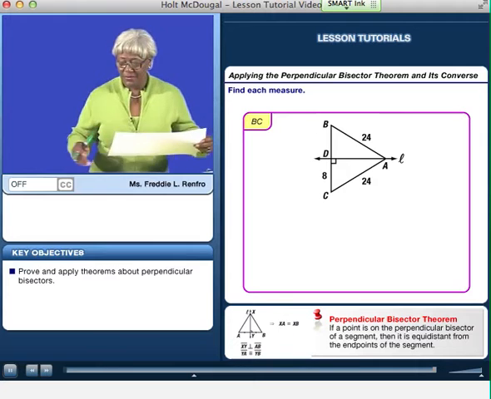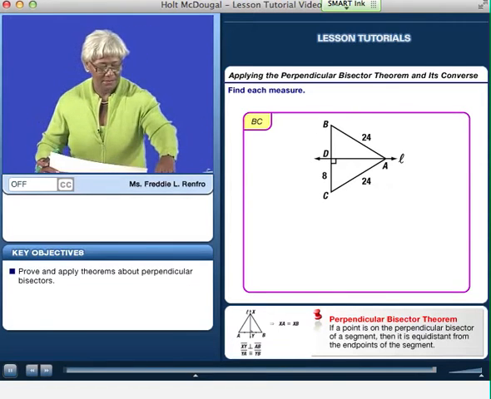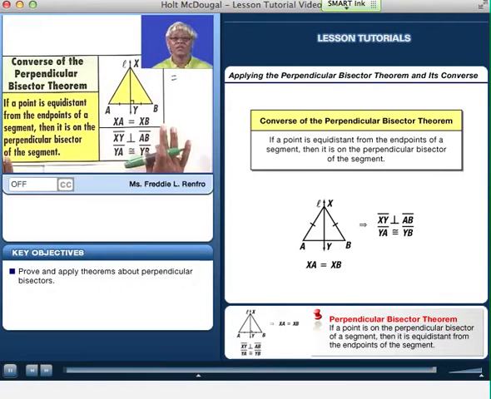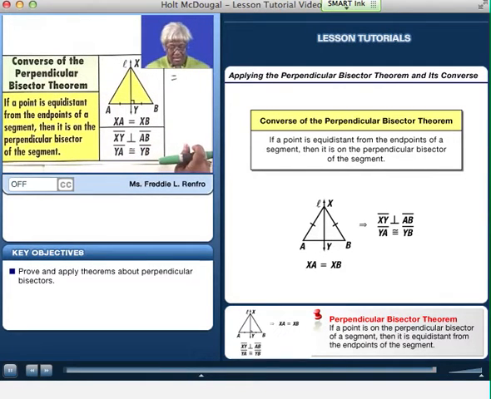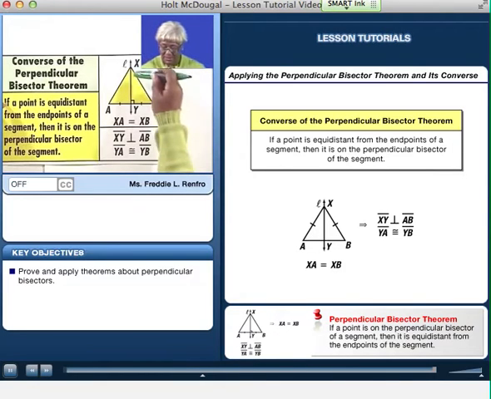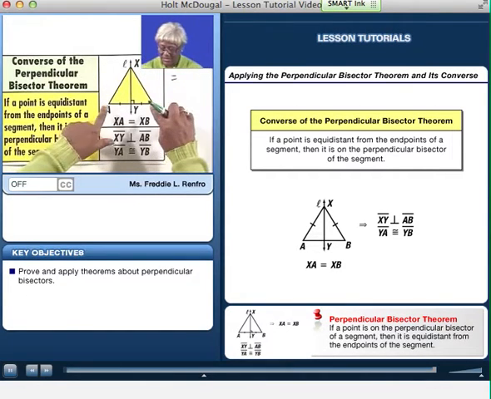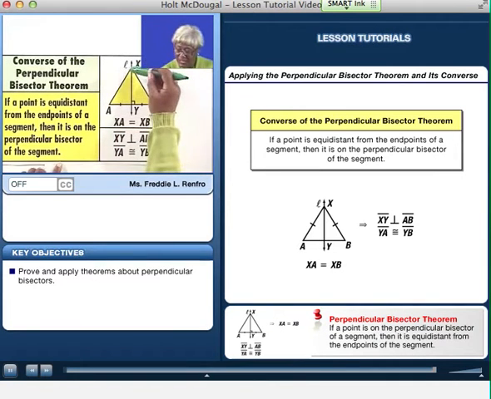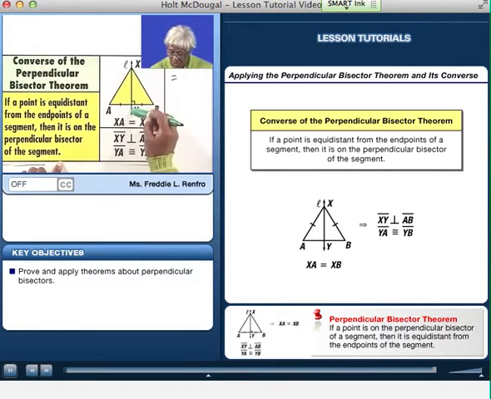There's another theorem that you need to remember, and it's called the converse of the perpendicular bisector theorem. And it says that if a point is equal distance from these two endpoints of the segment, then this point is on the perpendicular bisector of the segment.